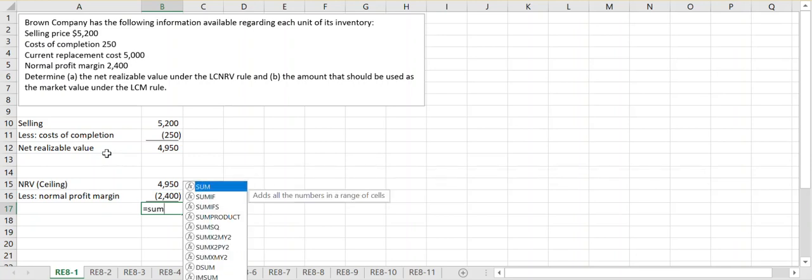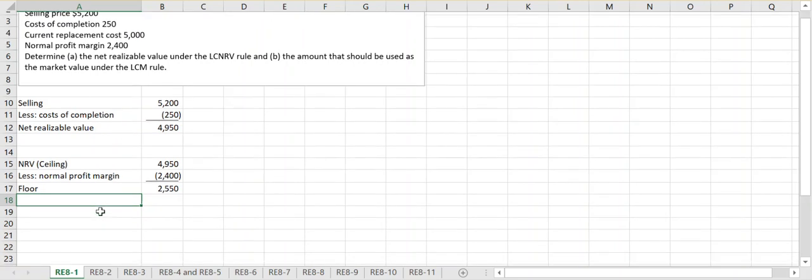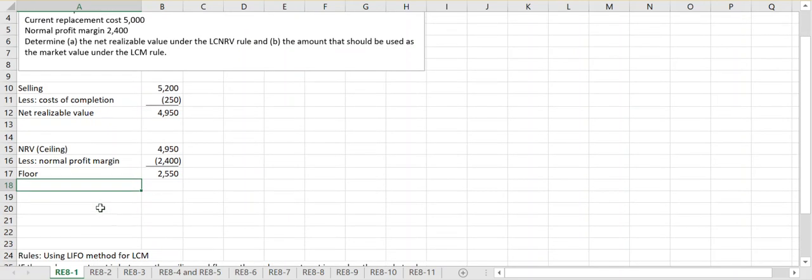So that means that our floor in this case is $2,550. So now we have our ceiling, we have our floor, and we need to determine which one we are going to use, or are we going to use our current replacement cost, which they told us is $5,000.